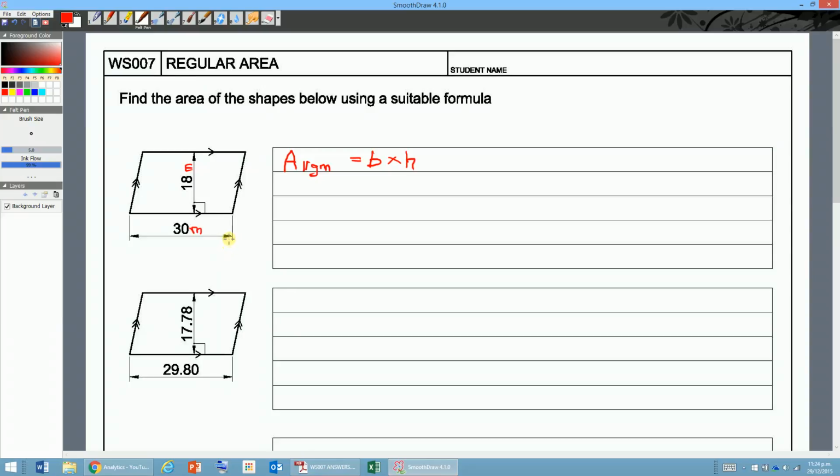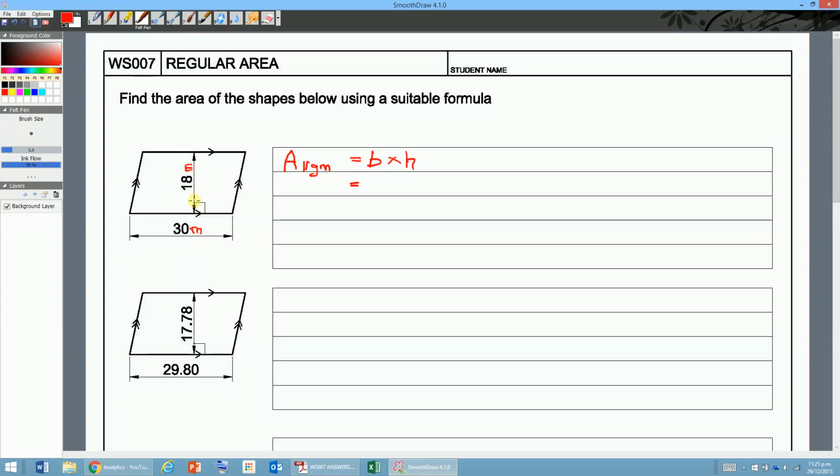Now, just as it is with the triangle, the height is the perpendicular distance from the base to the other side. Remember, it's the perpendicular distance. So these distances here of the sides are going to be slightly longer than this distance here, the height.